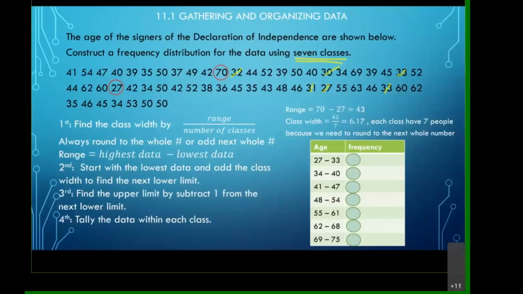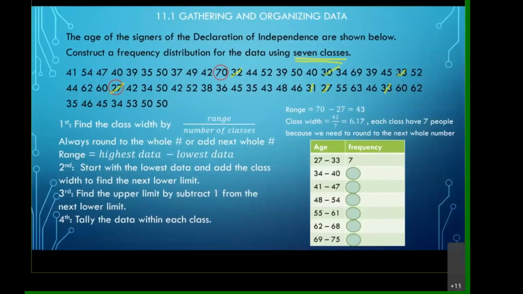Ah, there's 7. 27 to 33: 1, 2, 3, 4. It's the 27th. 5, 6. Oh, thank you. 7. So again, basically you just tally up this thing here, and everybody see that we have 7 data in the group of 27 to 33.